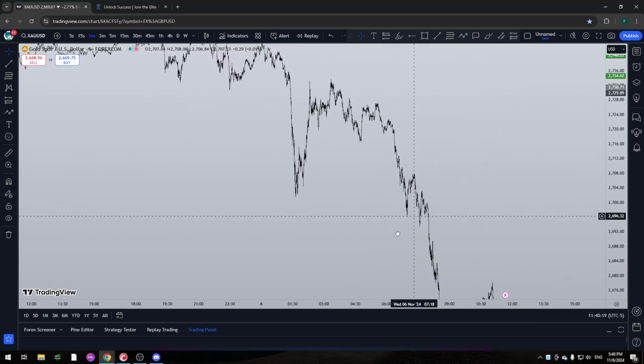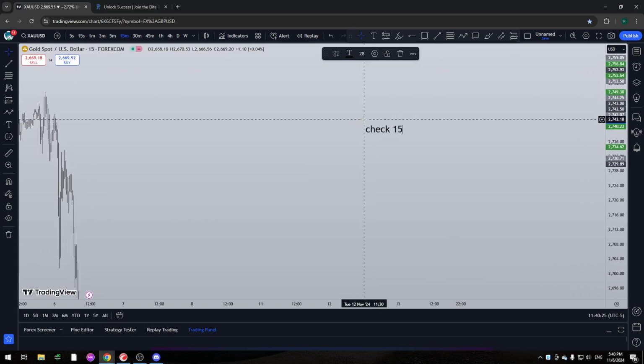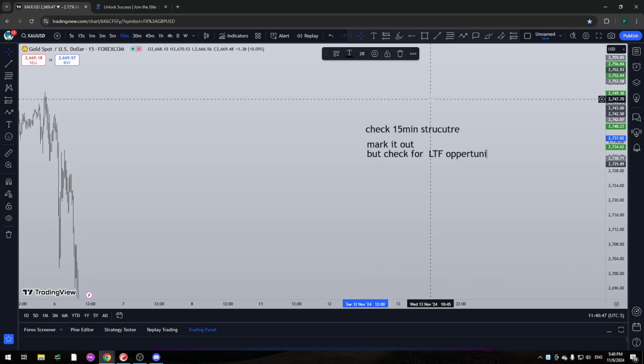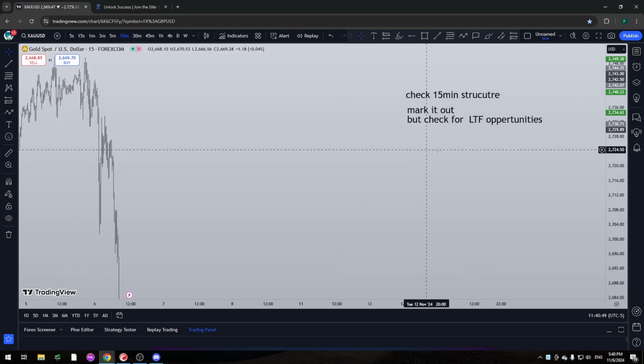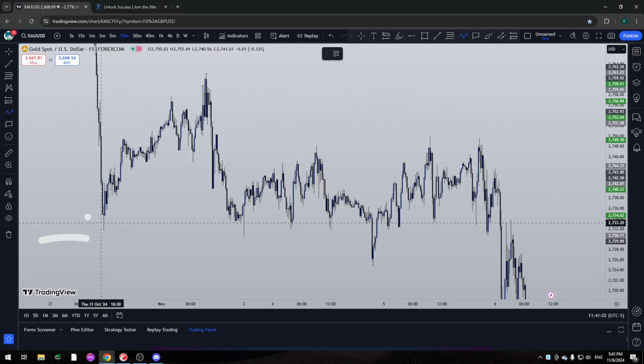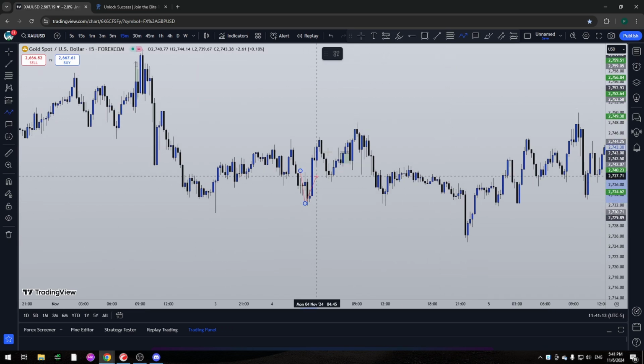So to be clear, we go to the 15. Check the 15 minute structure, mark it out. Check the lower time frame for more opportunities like this. We are going bearish, but right here, you can check for buys. It breaks a high, comes back into your area, shoots up.